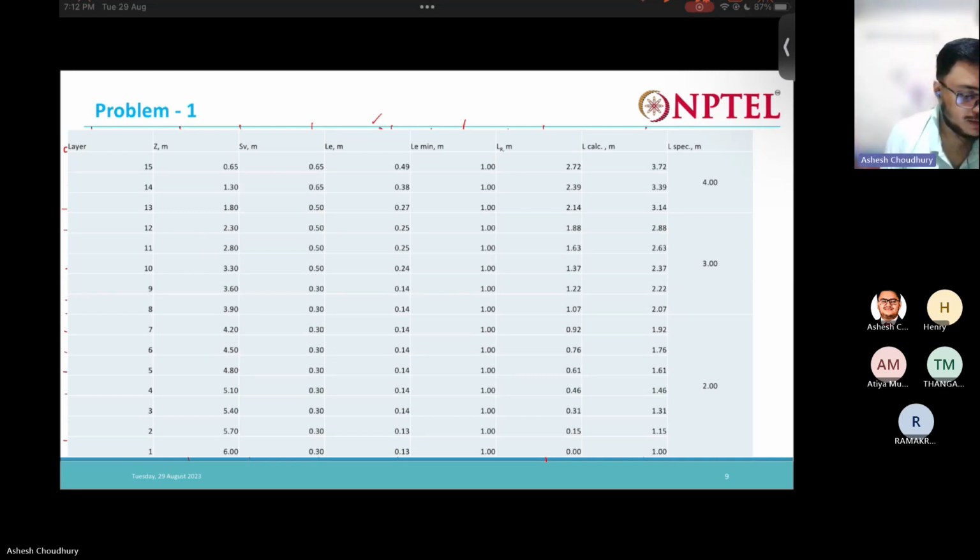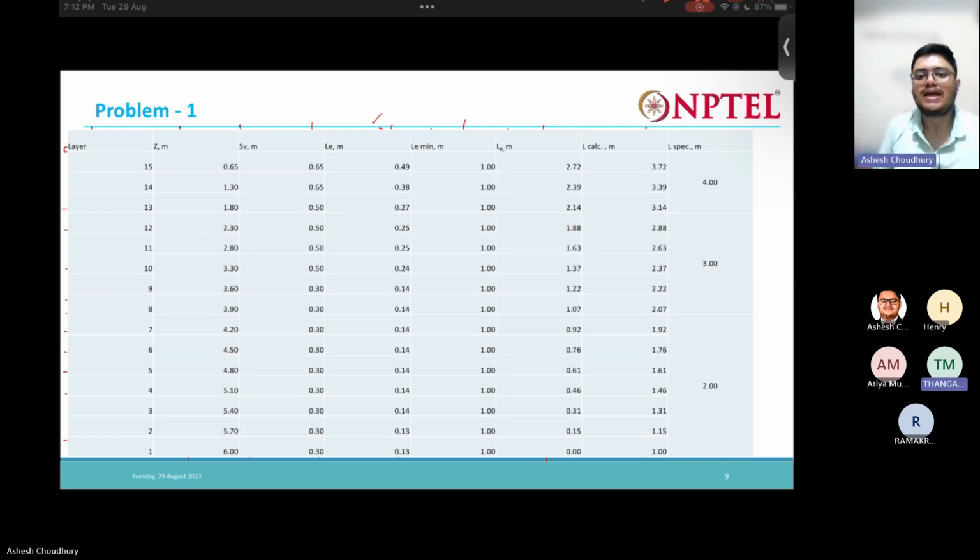Before doing the check, one more thing I want to mention: how are we providing the reinforcement, the geotextile? We are placing it in the warp direction, right? In the machine direction. This is the machine direction or the warp direction.